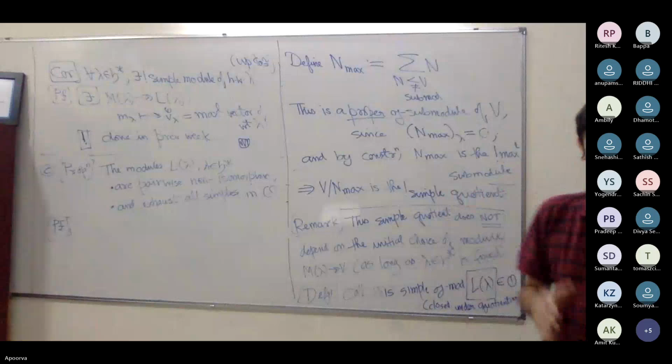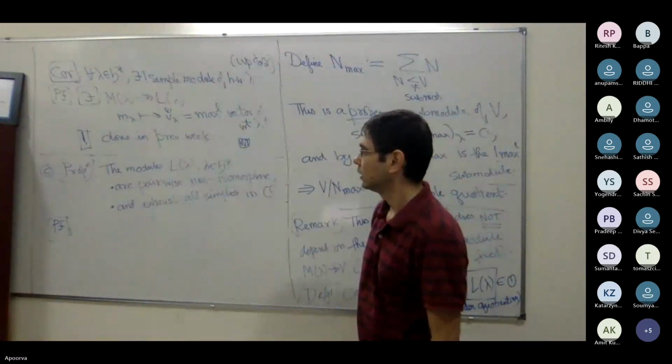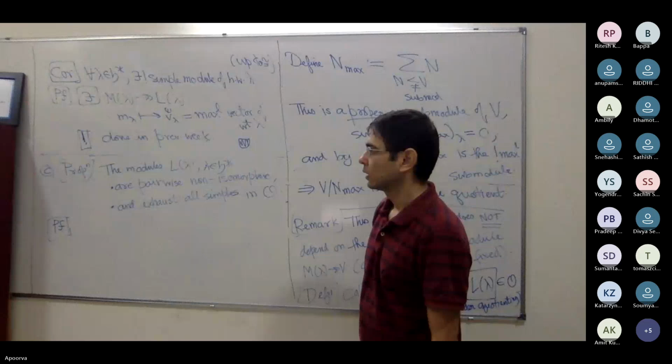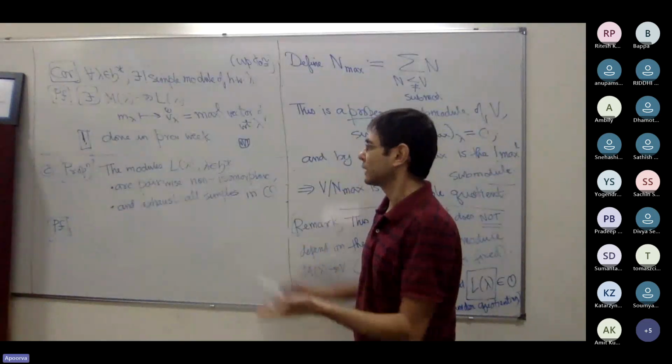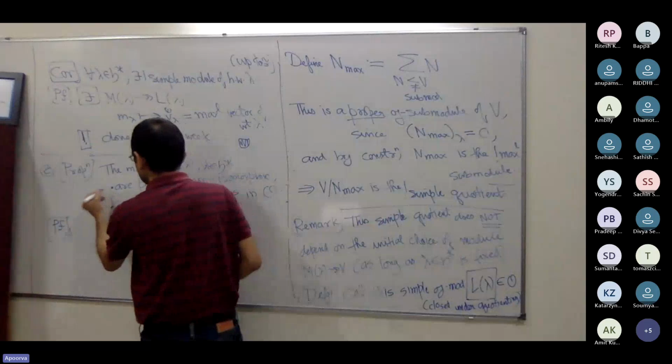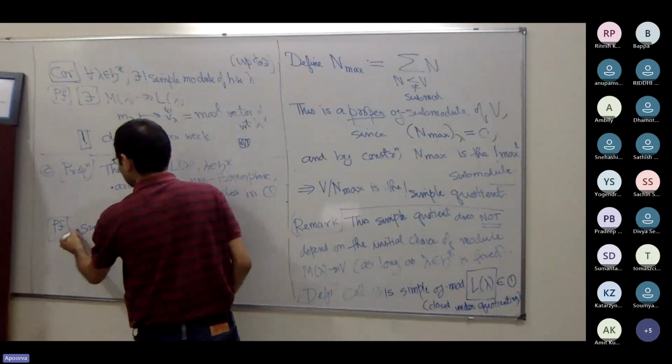Okay, let's do each of them turn by turn. So let's say pairwise non-isomorphic.